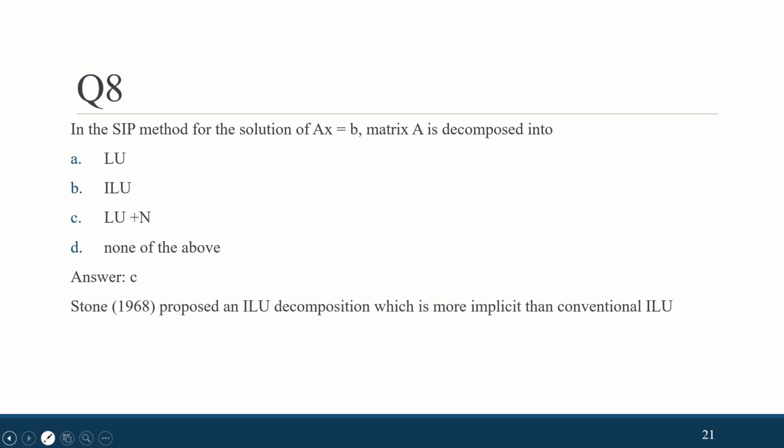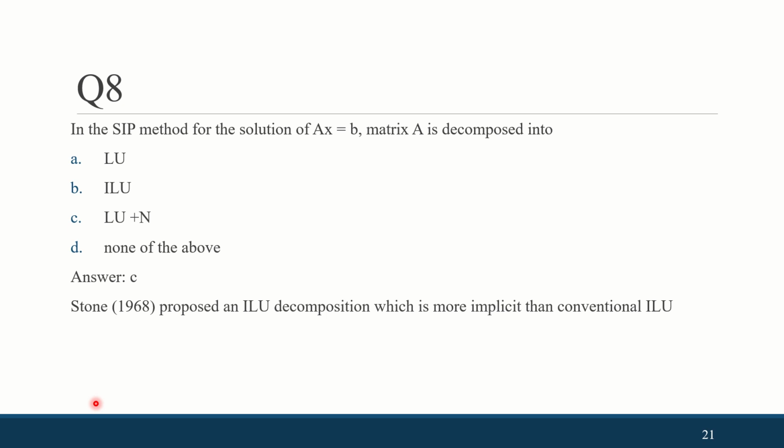For example, consider matrix A for this problem of Ax = B. In LU decomposition, L and U would have three non-zero diagonals, while A has five non-zero diagonals.